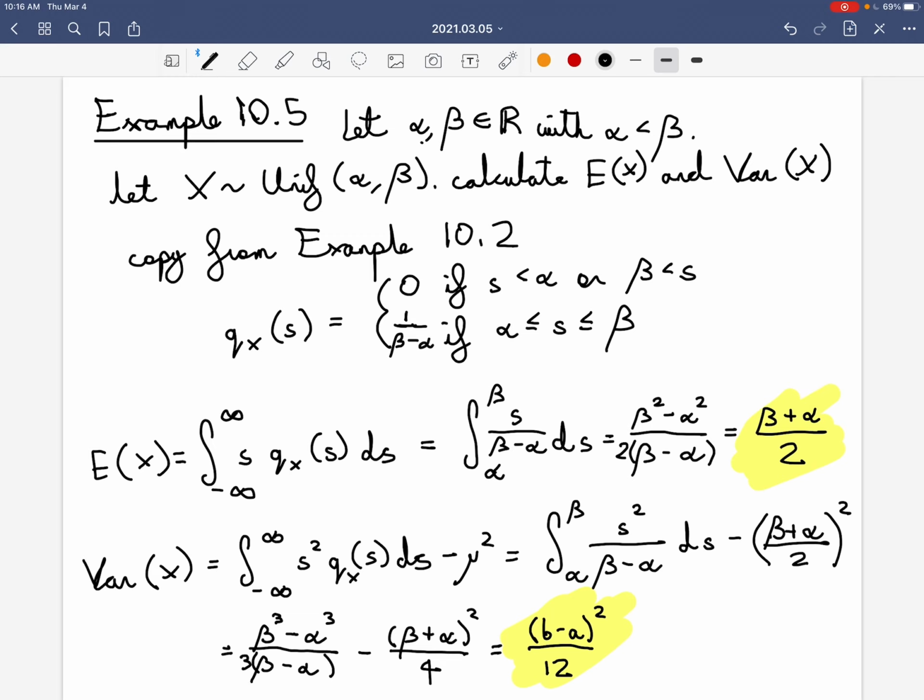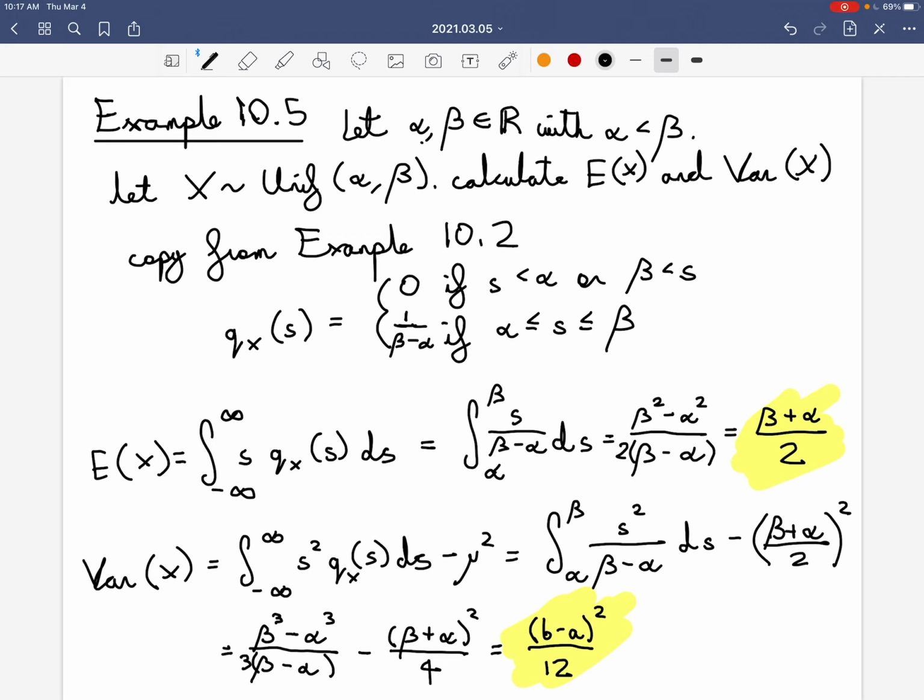And then for the variance, we need to calculate integral from minus infinity to infinity s squared q of x s ds. And so, again, the density vanishes outside the interval from alpha to beta, so that just squishes those parts of the integral, and we only need to integrate from alpha to beta. We have s squared divided by the normalizing constant, and then we're subtracting what we previously calculated for the square of the mean.